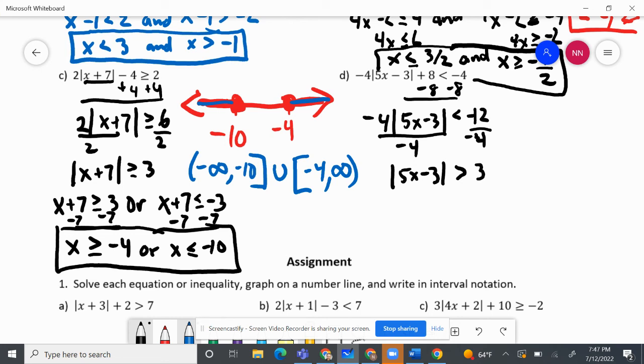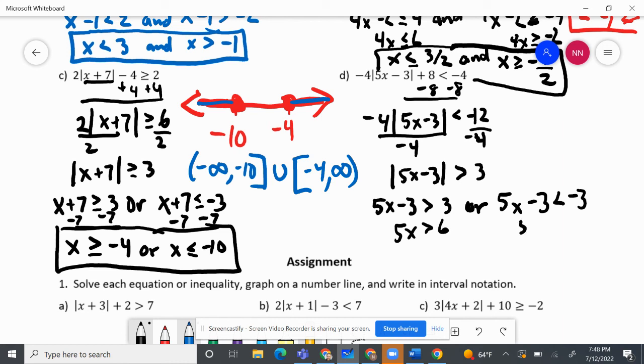Now, the next thing that we're going to do is write our two inequalities. 5x minus 3 is greater than 3, or, because it's greater than, 5x minus 3 is less than negative 3. What I'm going to do is add the 3, and that gives me 5x is greater than 6.